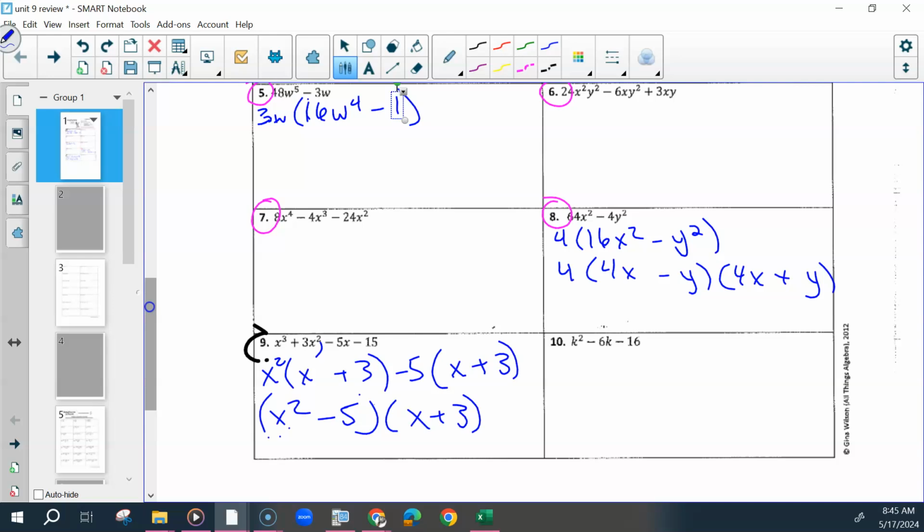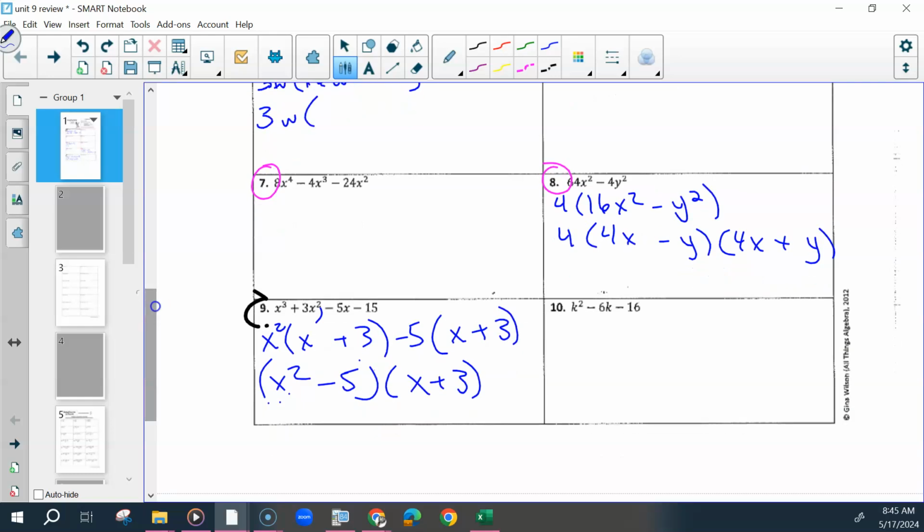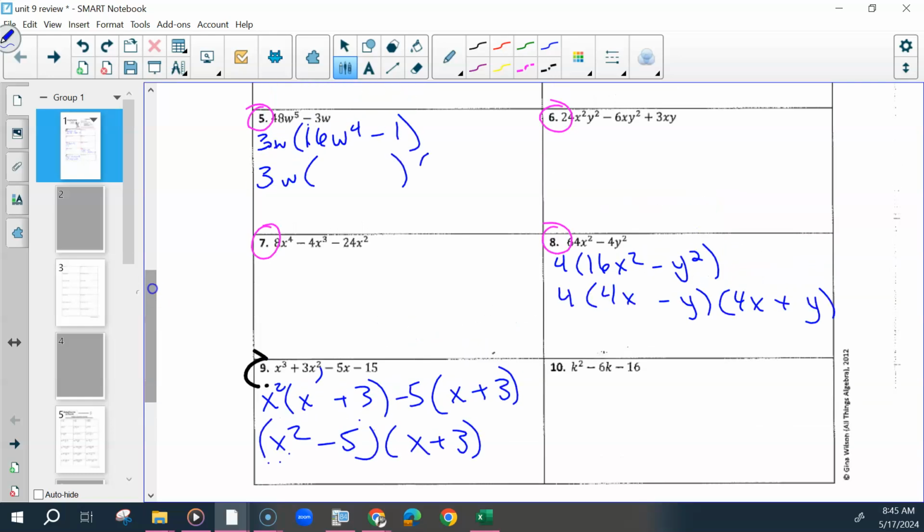The squares, even though it's to the fourth. Anything that's even, you can still split. You would just take that exponent and divide it by 2. You have 4w squared minus 1 and 4w squared plus 1.